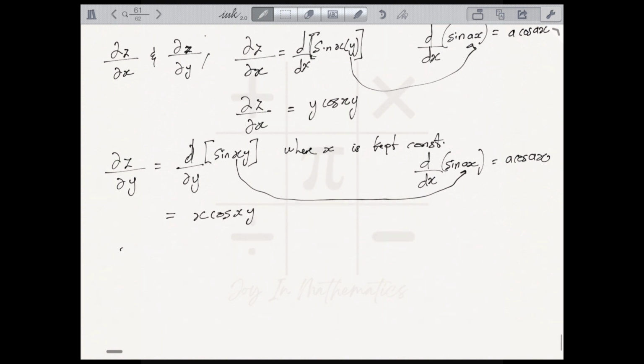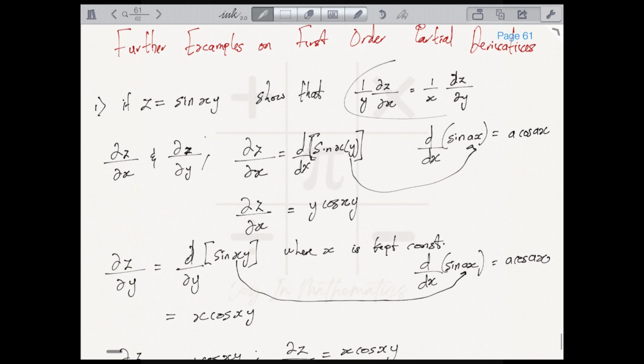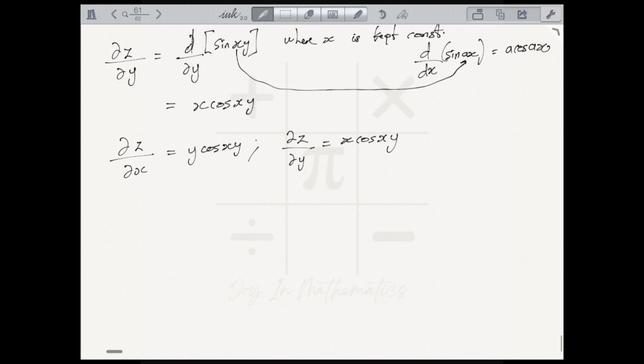Now we understand that the partial derivative of z with respect to x is y cos xy, and the partial derivative of z with respect to y is x cos xy. And we are asked to prove that 1 over y dz dx is equal to 1 over x dz dy.